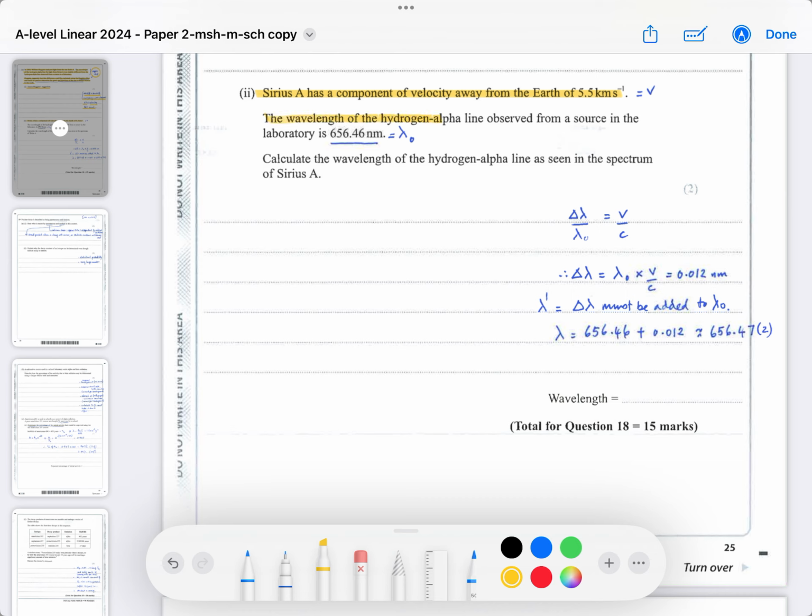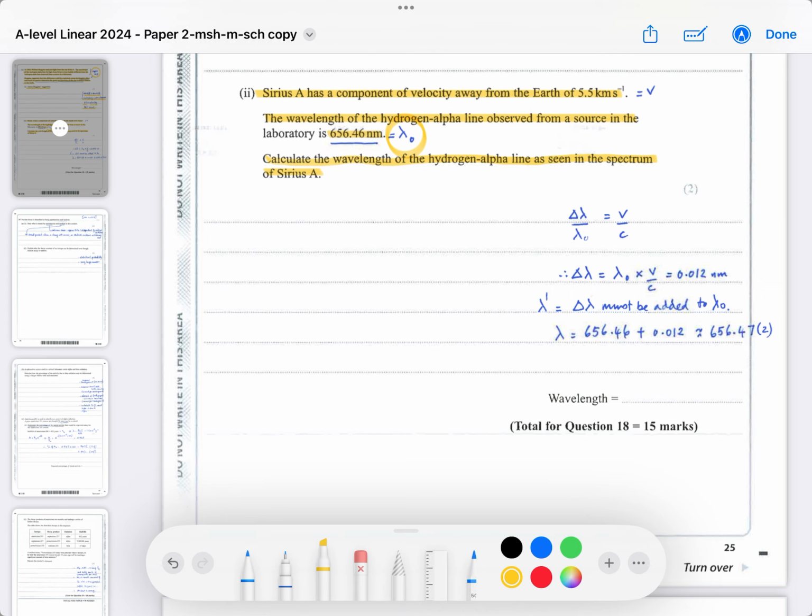The wavelength of the hydrogen line observed from a source in the laboratory, so the original one, is 656.46, so that's the original one, so I put an O there. Calculate the wavelength of the hydrogen line as seen in the spectrum of Sirius A. Okay? So it's moving away from us, so it's redshifting, so it should be getting longer.